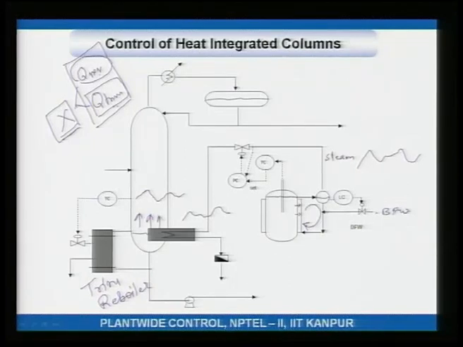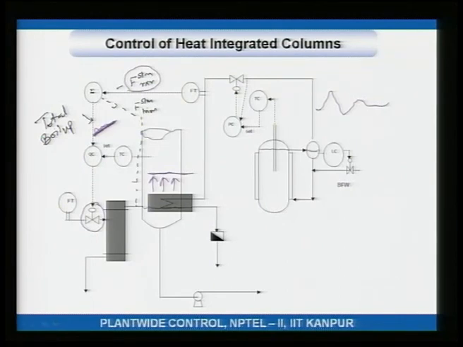Okay. In this case, because this guy is varying, the boil up will vary. Because the boil up is varying, the temperature varies. Because temperature varies, then I bring the trim duty down. In this case, because I am trying to hold the total boil up constant, the variability in the total boil up has gone down.